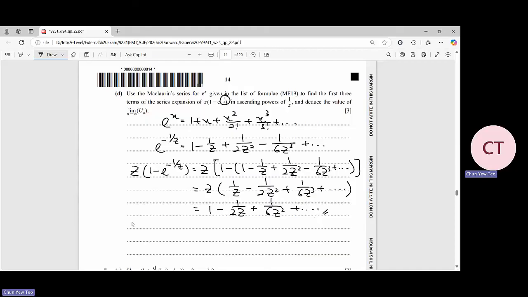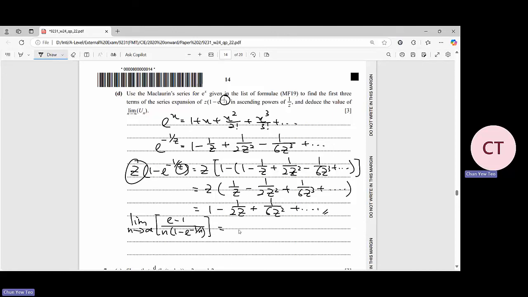Deduce the limit. Okay, so the limit of un, just now the un was e minus 1 over this expression. You can see that n and z are in the same places, so we just need to change z to n.